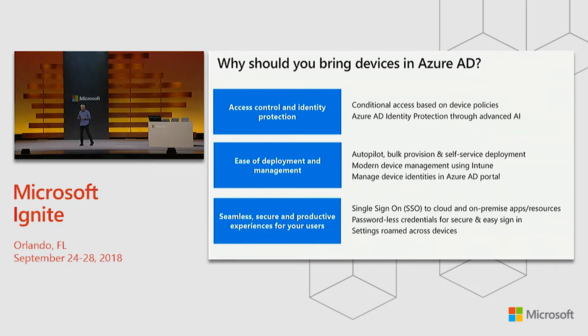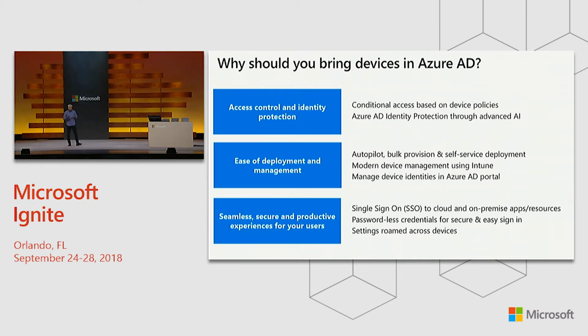Then in terms of ease of deployment and management, if you're on Windows 10, we highly encourage you to start using the new modern way of managing Windows. Things like using Autopilot, bulk provisioning, and self-service deployment. Those are the means by which you can reduce the cost of managing Windows in your environment.